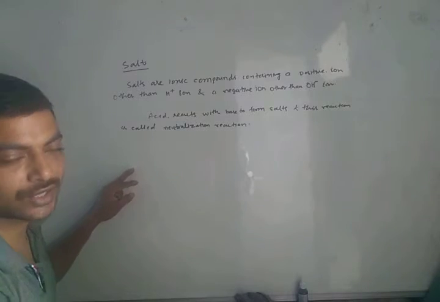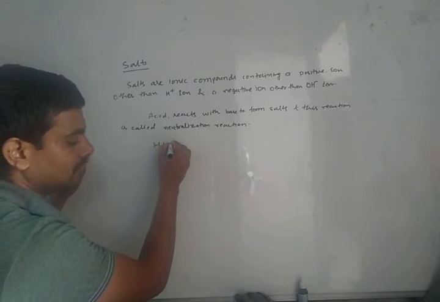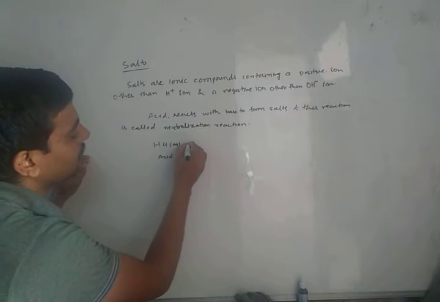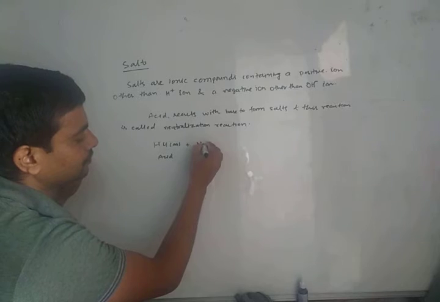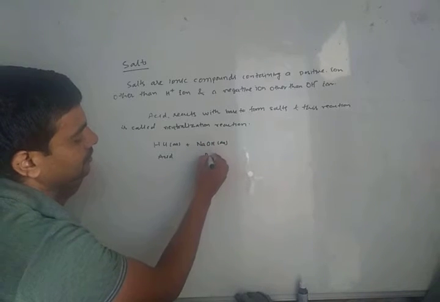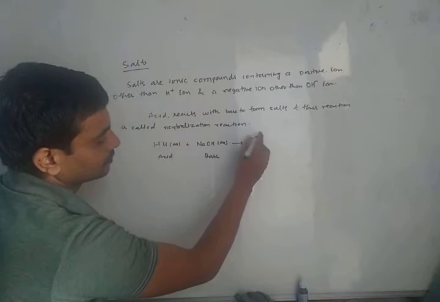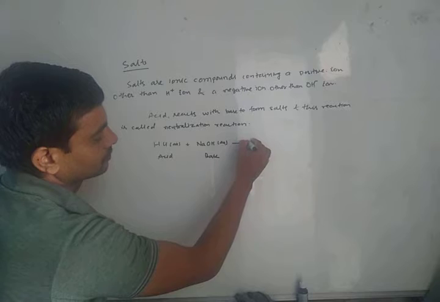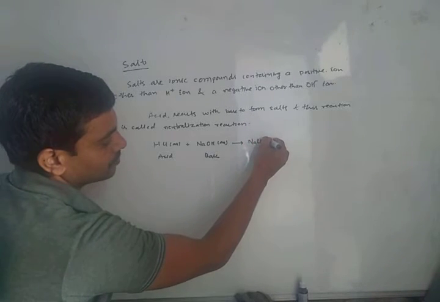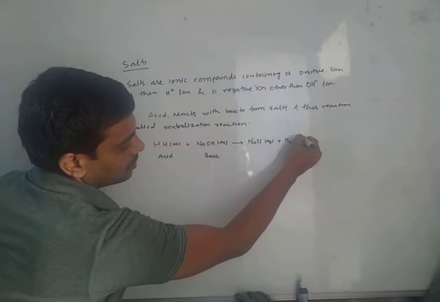To understand it, here is an example: HCl aqueous is an acid, and when it is combined with NaOH aqueous, a base, we get NaCl aqueous plus H2O liquid.